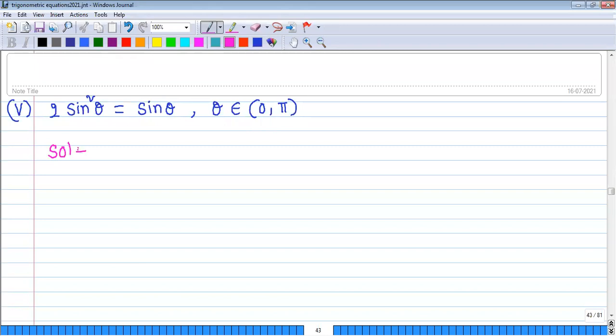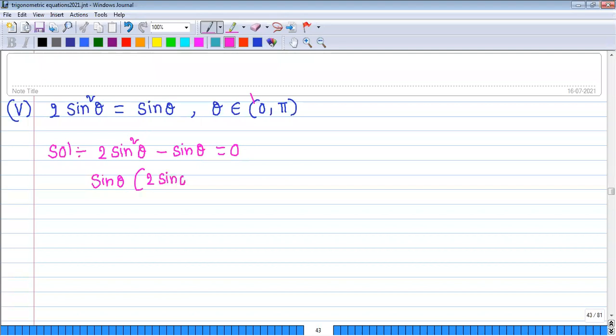Solution: 2 sin square theta minus sin theta equals 0. Let us take sin theta common out. Sin theta of 2 sin theta minus 1 is equal to 0.